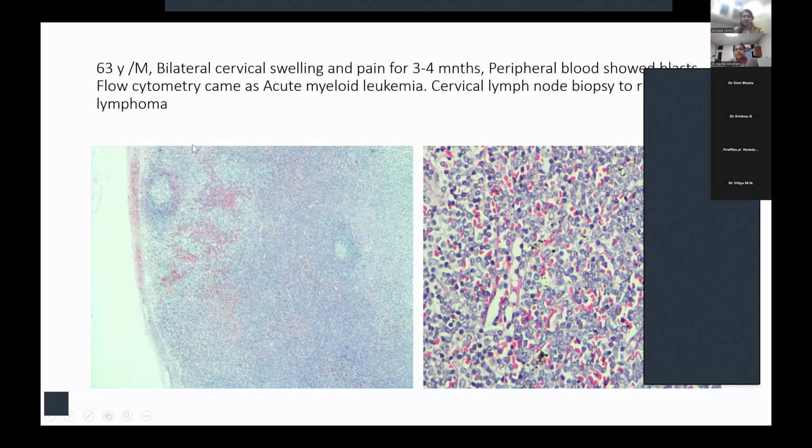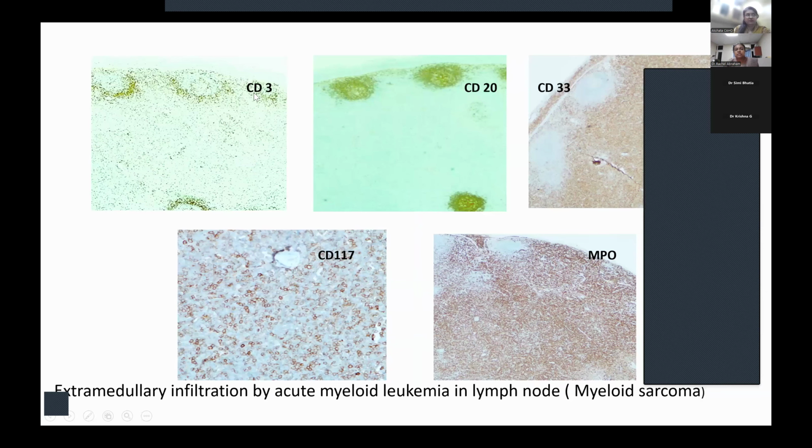On IHC, the CD3 and CD20 were positive only in the residual follicles and in the interfollicular area, while the infiltrate itself was negative. Since it was a known case of AML, we applied the myeloid markers, that is CD33 and MPO, which were diffusely positive, and also the immature myeloid cell marker CD117, which was also positive.